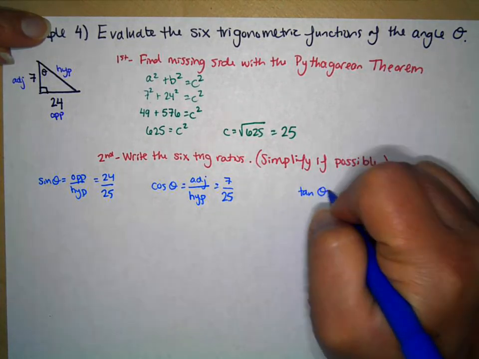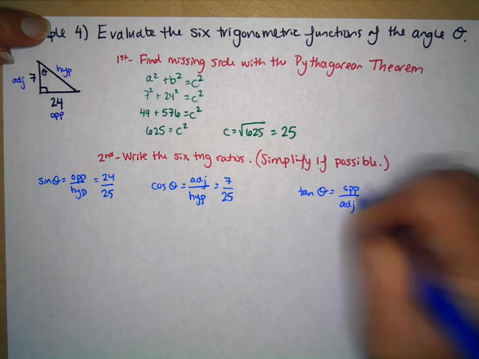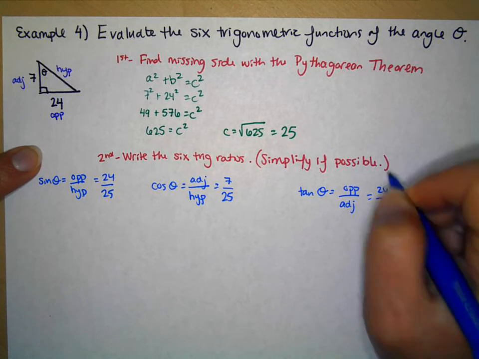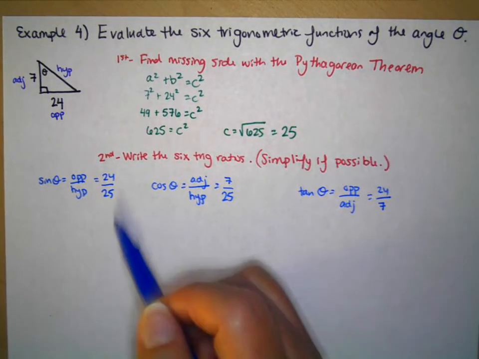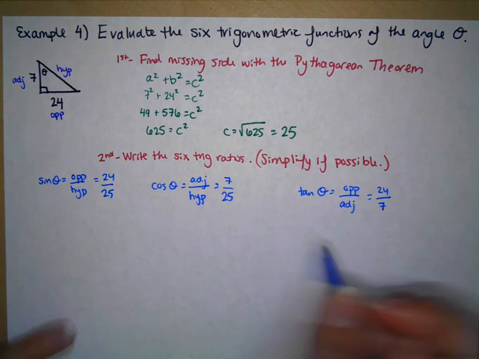The tangent of our angle is equal to the opposite side over the adjacent side. Our opposite side is 24 over our adjacent side is 7. In all of those fractions, there's nothing we can do to simplify them. There's nothing that goes into both 24 and 25 or 7 and 25 or 24 and 7 other than 1, which doesn't help us to simplify.